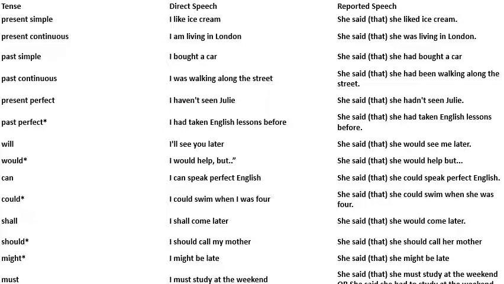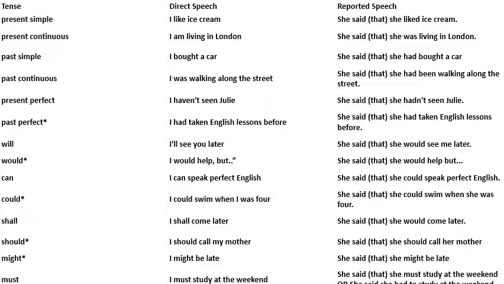Will. I will see you later. She said that she would see me later. Will becomes would. I would help but. She said that she would help. It's the same. Can. I can speak perfect English.